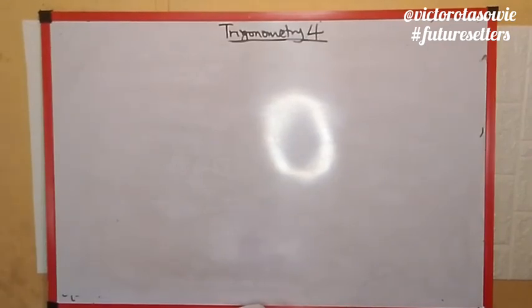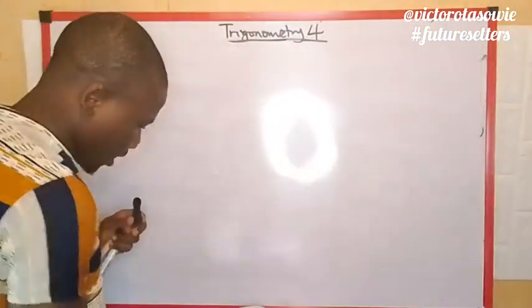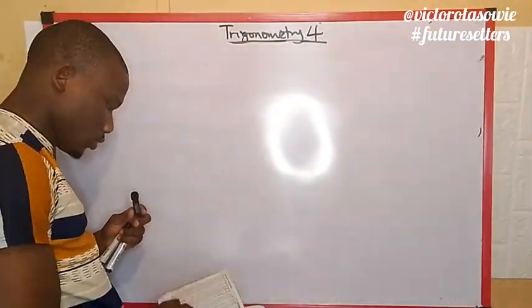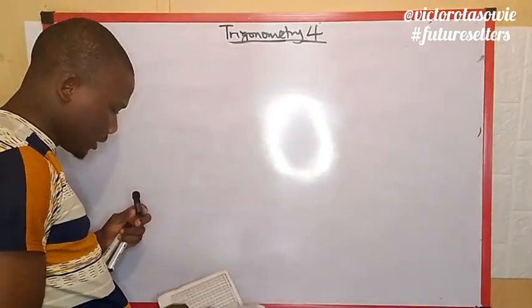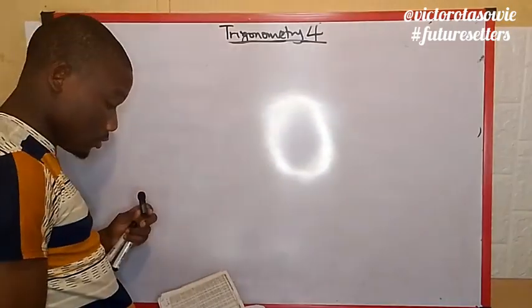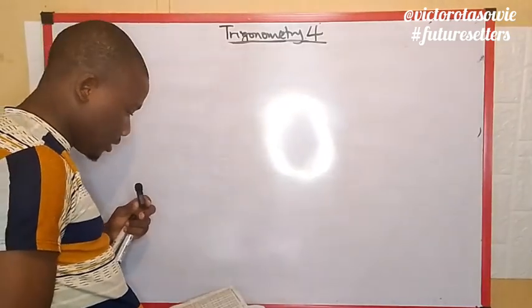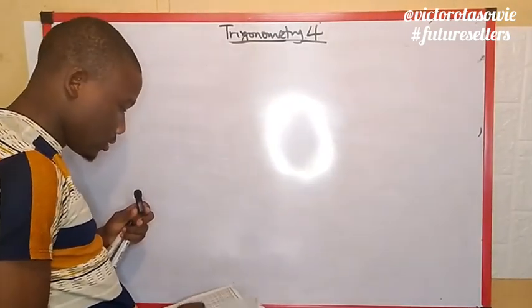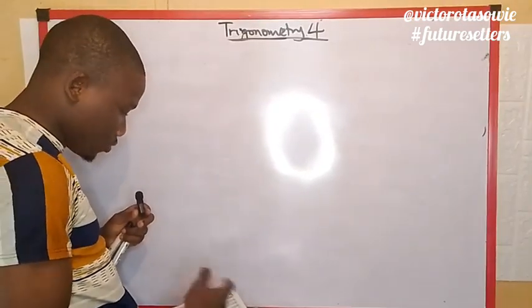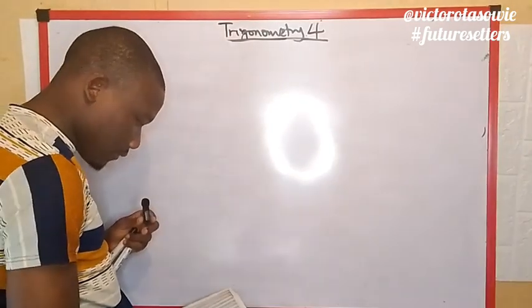So take note that just the same way we used our calculator, or just the same way we used our understanding and assumptions to get sine 30, cos 30, where we said we can use 1, we can use 2 and all that to get our values.